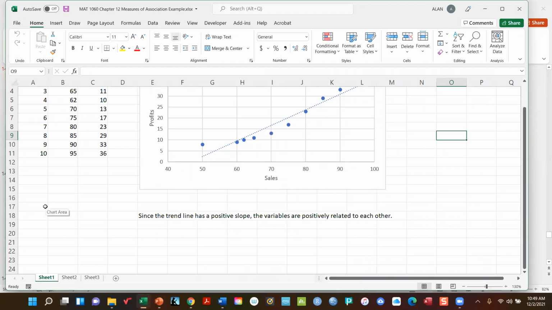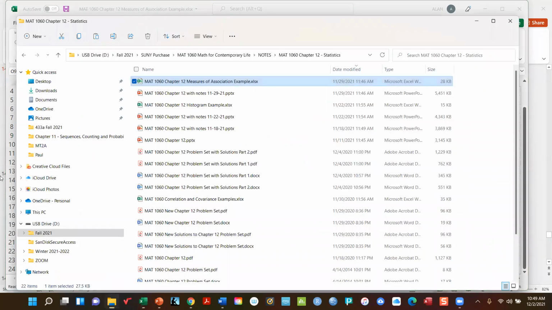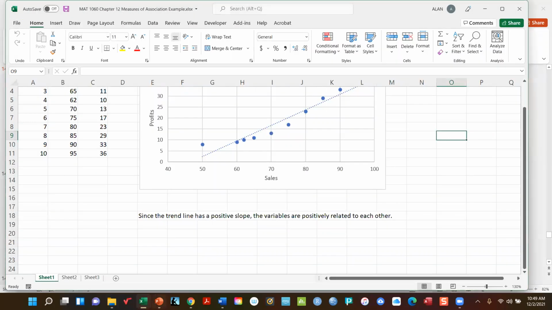Now, the unfortunate thing about this, though, is that it's hard to tell how strong this relationship is. So in other words, what am I referring to here? Let me just show you a couple of cases where the covariance is positive, and you'll see that they can be very different.